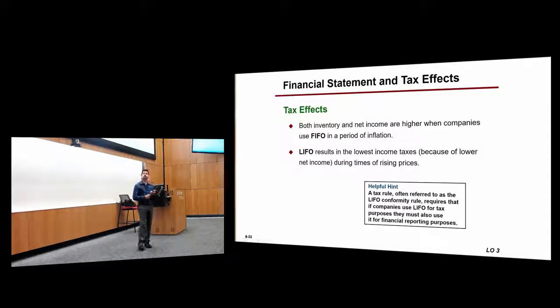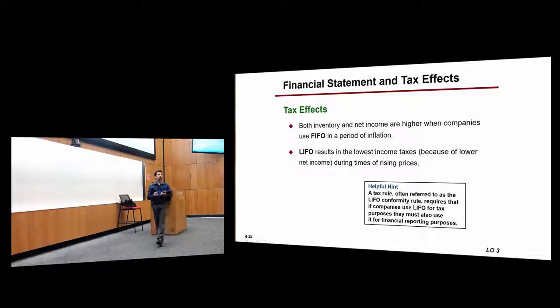Now, the third basic factor that affects management's decision is tax, because some taxes are paid in cash, right? The IRS will not accept an IOU. The IRS will want to take their money in cash. So when the company has higher net income, they will be paying more taxes.